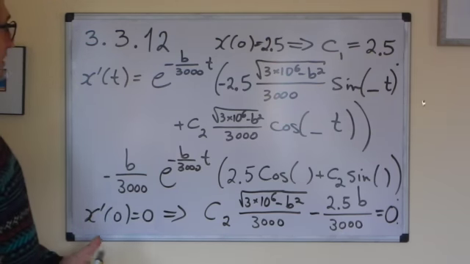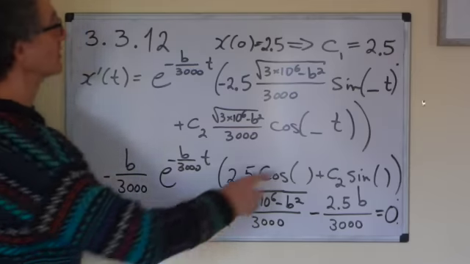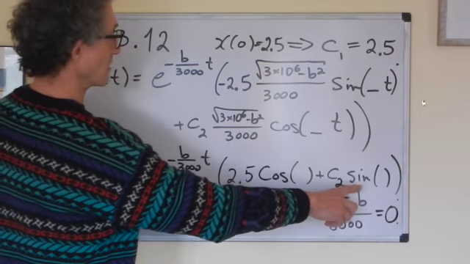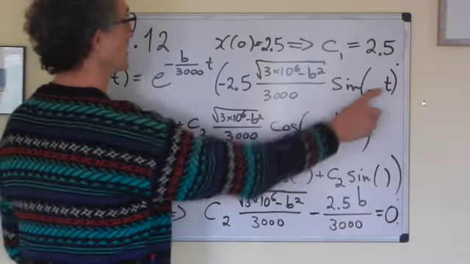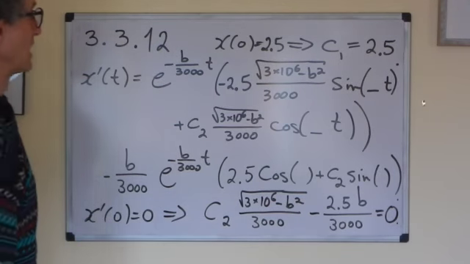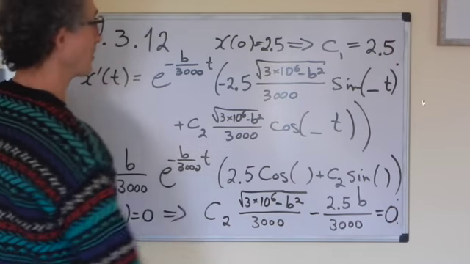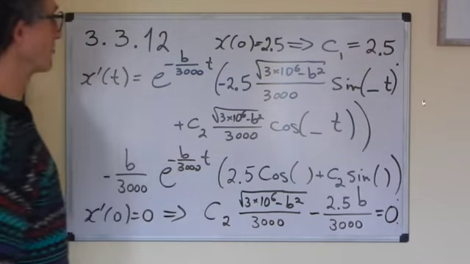And so when t is 0, the sine terms are both 0 because there's a t in here. And the cosine terms are both 1 because cosine of 0 is 1.